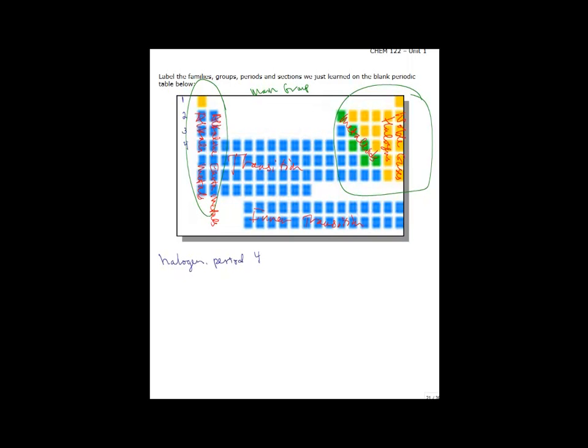So you would need to find a halogen that's in period 4. So what would that be? So if you look on your periodic table, halogen in period 1, 2, 3, 4 is going to be bromine. The answer to this one is bromine.